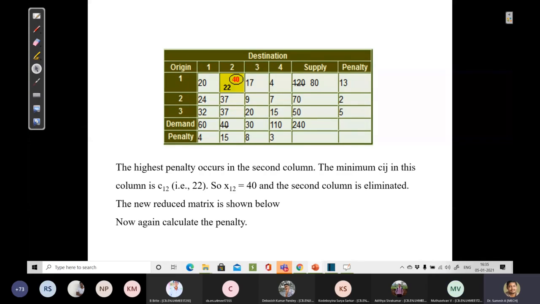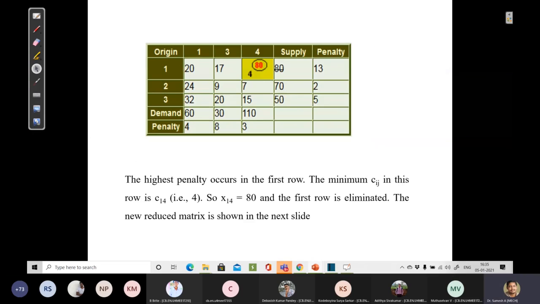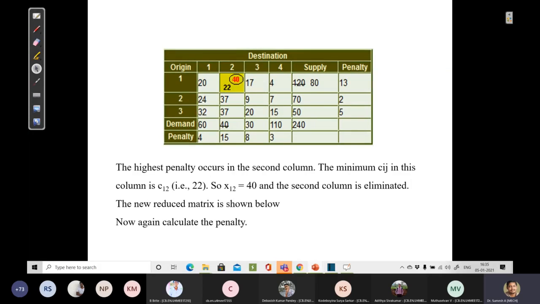Go for the next iteration. So this column got completely eliminated. Now what happens? The next step.